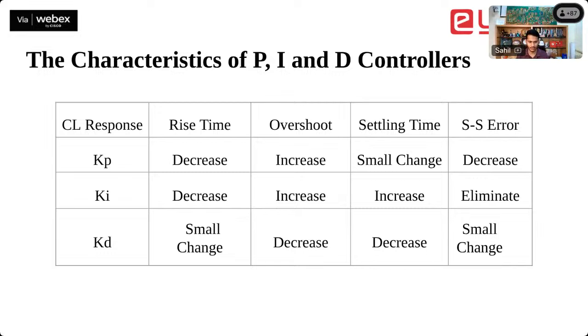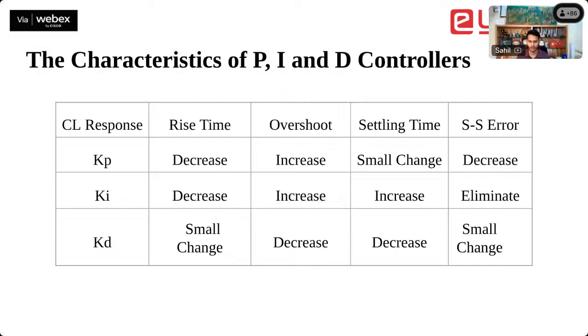It causes a very small change in settling time. About steady state error, increasing KP can decrease the steady state error, bringing the system closer to the desired set point, as we saw in the plotting or the graph earlier.